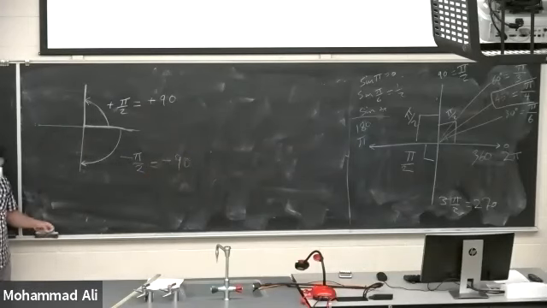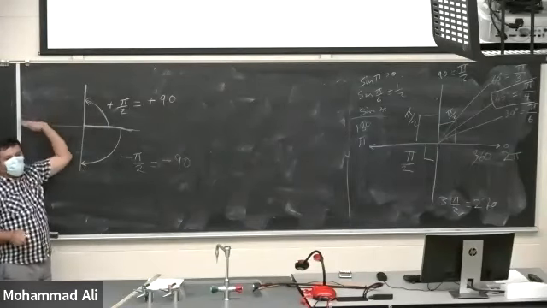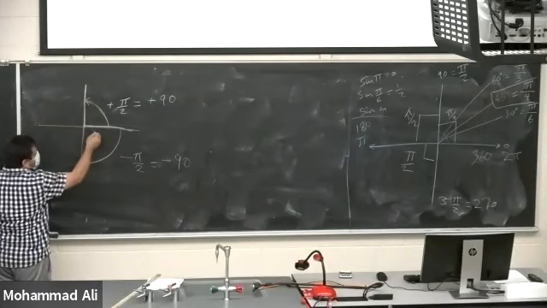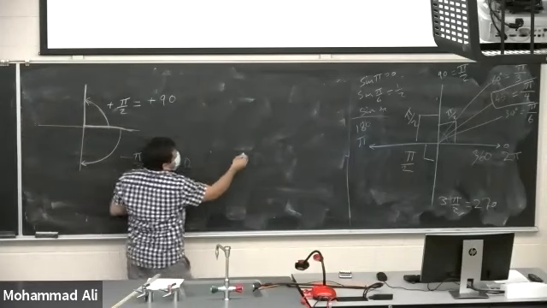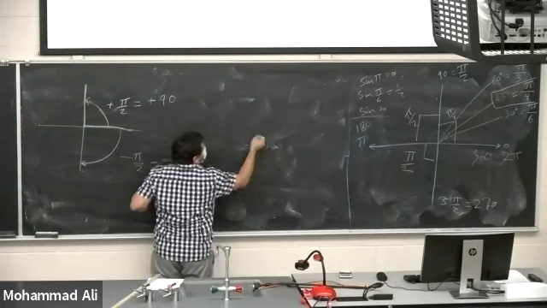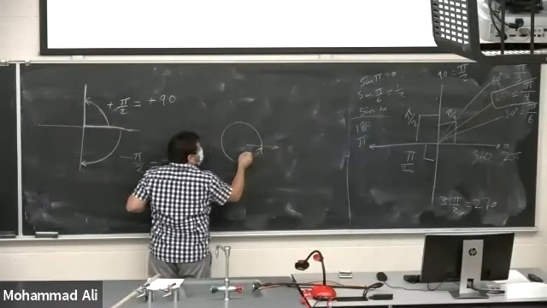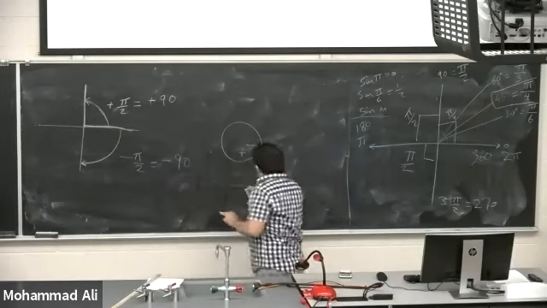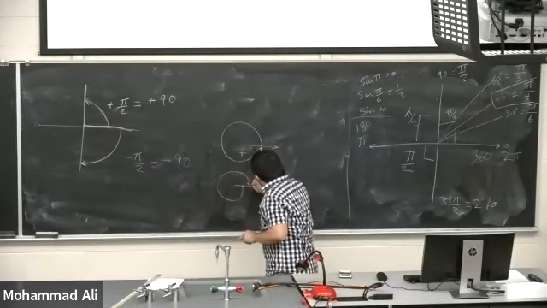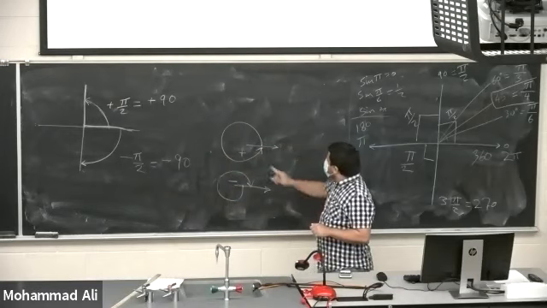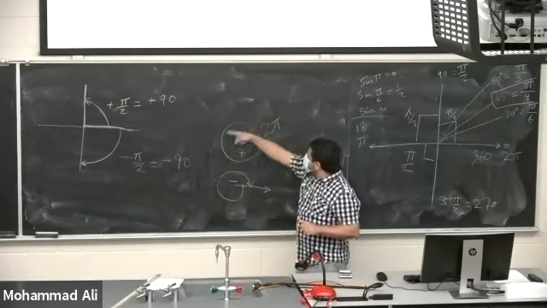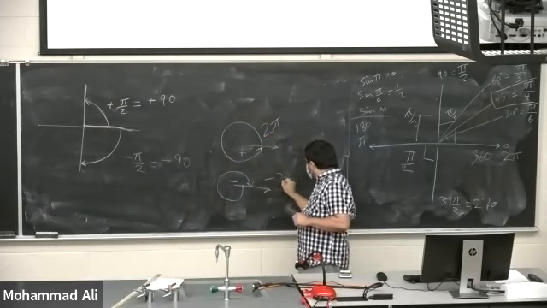The measuring of angles is in the counterclockwise direction. So this direction is positive, and this direction is negative. So this angle is 2 pi, but this one is negative 2 pi.